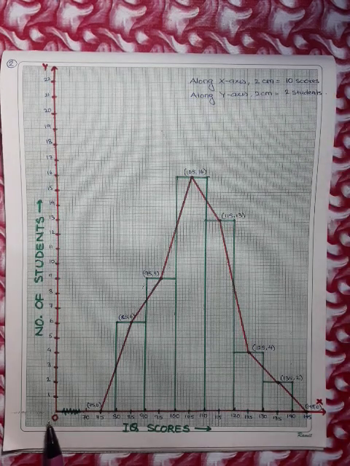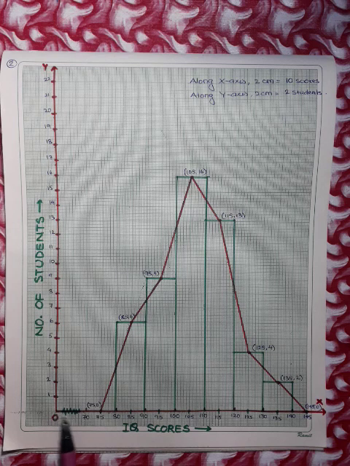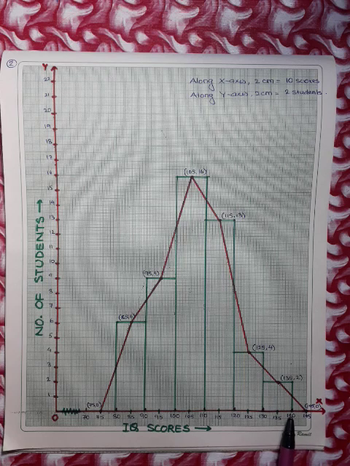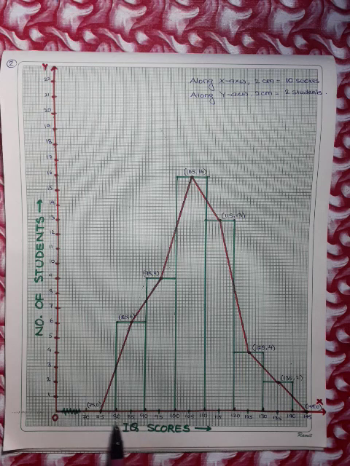That means you can see here I have drawn 0 to 70, 70 to 80, 80 to 90, 90 to 100, 100 to 110, 110 to 120, 120 to 130, 130 to 140, and then you can draw 140 to 150. Now since the data are given from 80 to 90, before that I have drawn one class interval, that is 70 to 80.